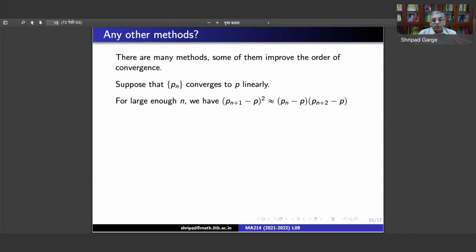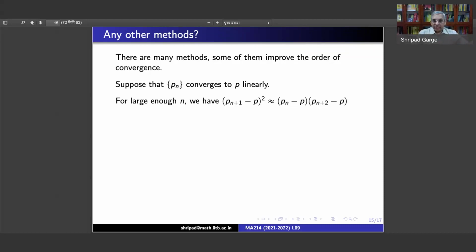So for such a large enough n, the square of the middle term will be approximately equal to the product of the other two terms. So (Pn plus 1 minus P) whole square is approximately (Pn minus P) into (Pn plus 2 minus P).